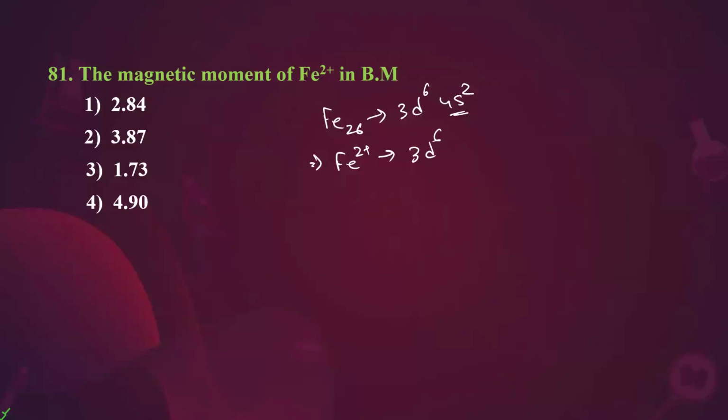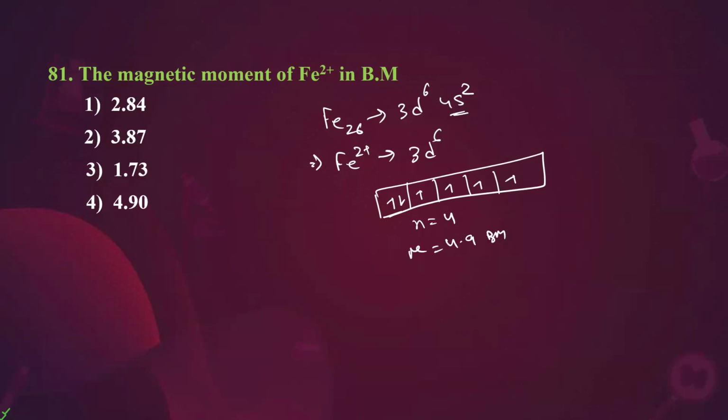Remaining are 3d6. Put 5 boxes, and put 6 electrons according to Hund's rule. So you will get 1 paired electron and 4 unpaired electrons. So n will be 4, mu will be 4.9 BM. Check which is near this one.